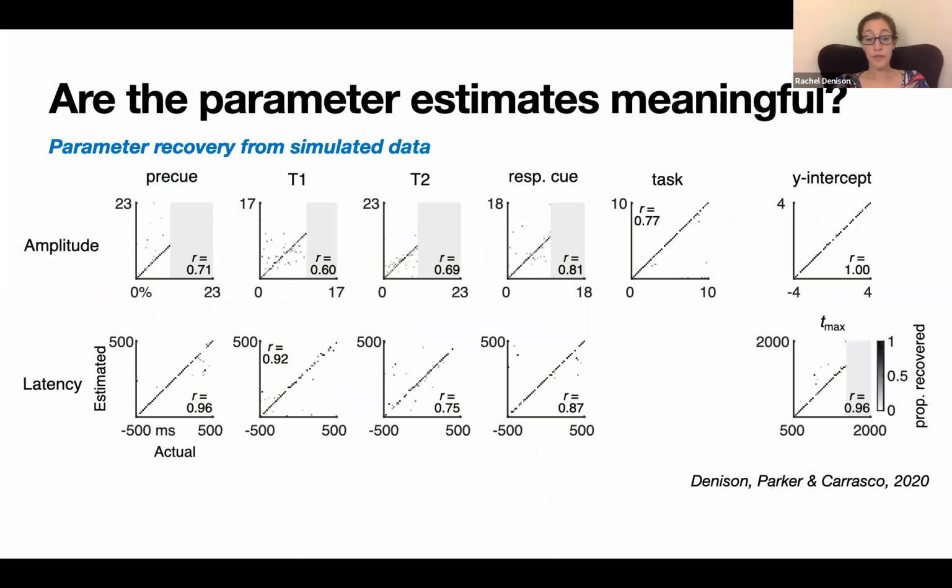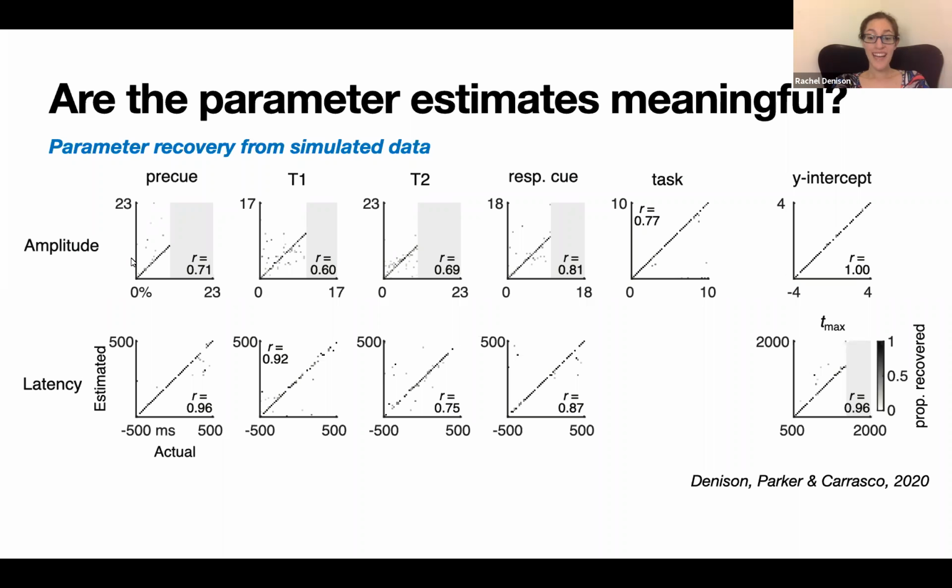So here are the results of that parameter recovery analysis. Each subplot here is a 2D histogram where the x-axis is the actual parameter value that was used to generate fake data, and the y-axis is the parameter value that was estimated by the model fitting procedure.